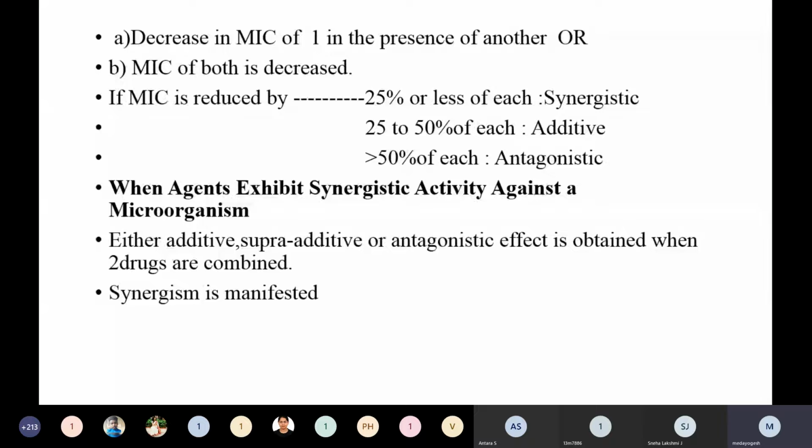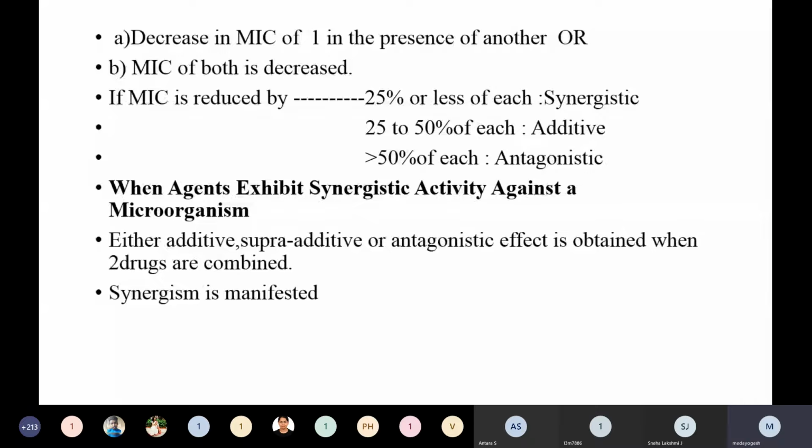So coming to, as we have told, to achieve synergism. When we add two drugs, either they have got additive, supraadditive or antagonistic effect. So when we combine two drugs, if one decreases the MIC of another by 25% or less, we call it as synergistic.